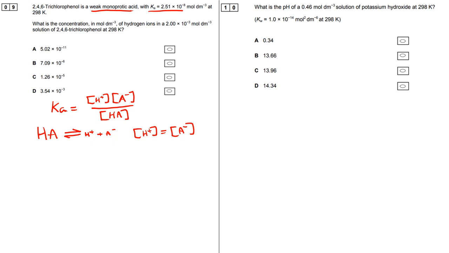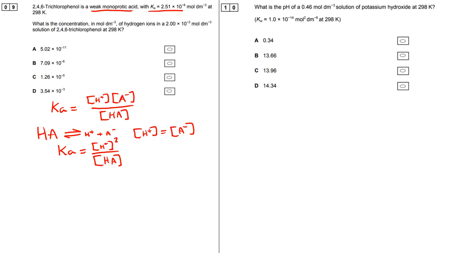And again, this allows us to simplify the Ka expression and make it easier to solve. Using H plus squared, because H plus equals A minus, we no longer have to times those together, H plus squared over HA. So we can use this assumption anytime there's a weak acid calculation and there's no other chemicals present.